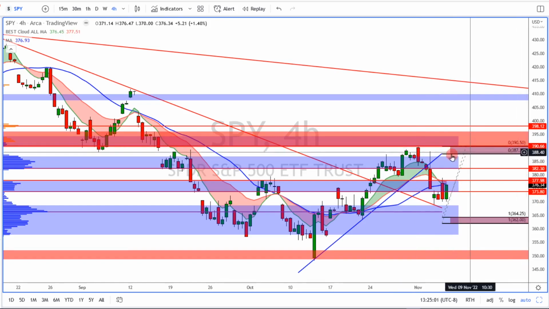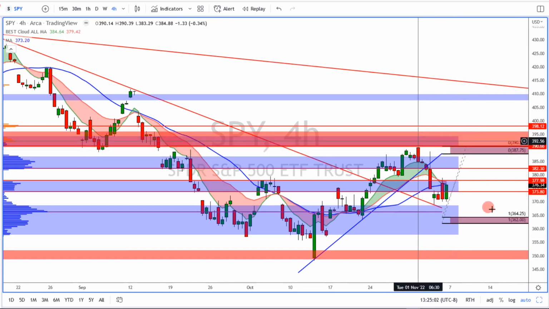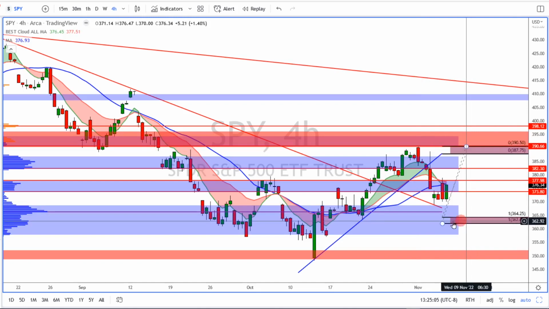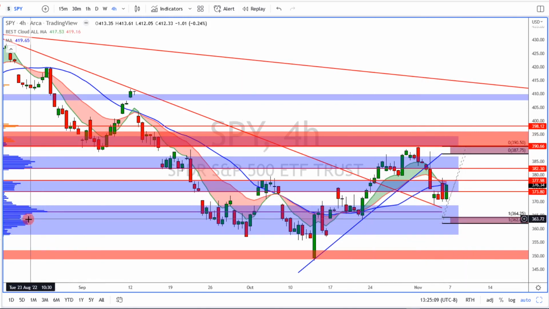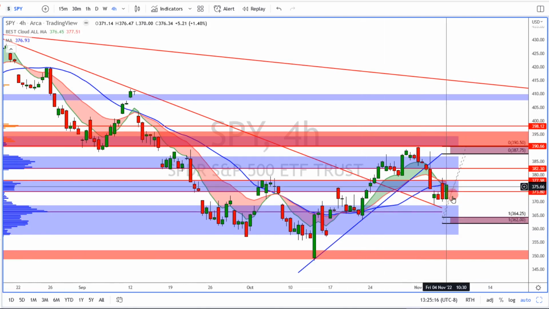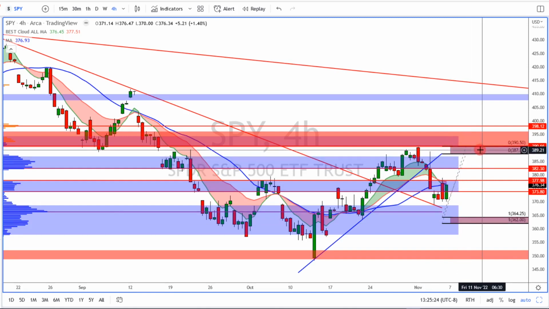So that's in confluence with this high volume zone, and the lower range is right inside of this balance area, pretty much sitting near this high volume edge. So we could see price move down into the zone, or push up into this upper range and try to make its way back up to 390.50.